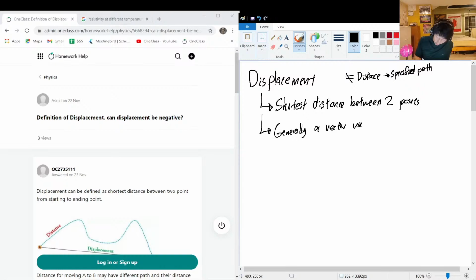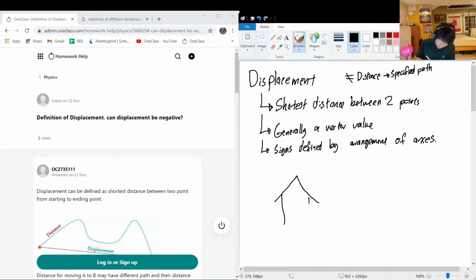And vector values can have a lot of signs, and the signs will depend on how you define your axes. So signs are defined by the arrangement of axes. Imagine that we are chilling on a rooftop like this.